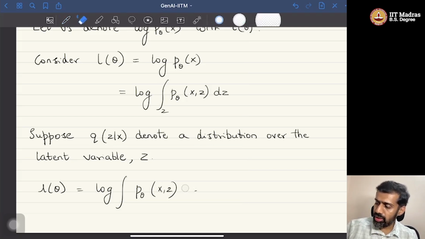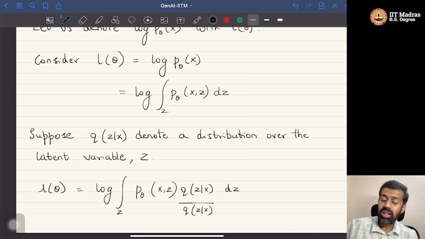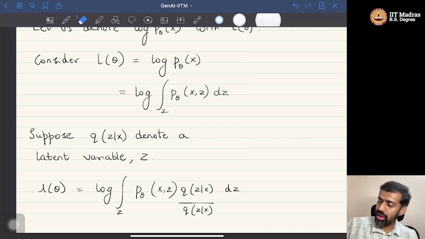Now what we will do is multiply and divide this integral with q of z given x.